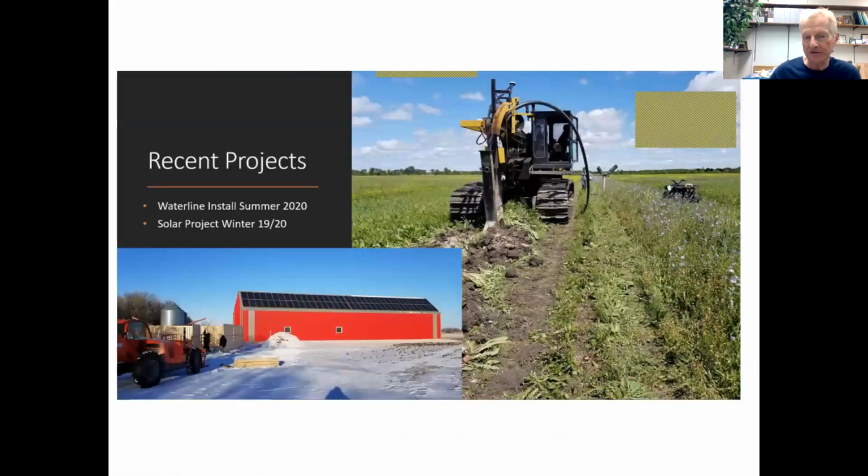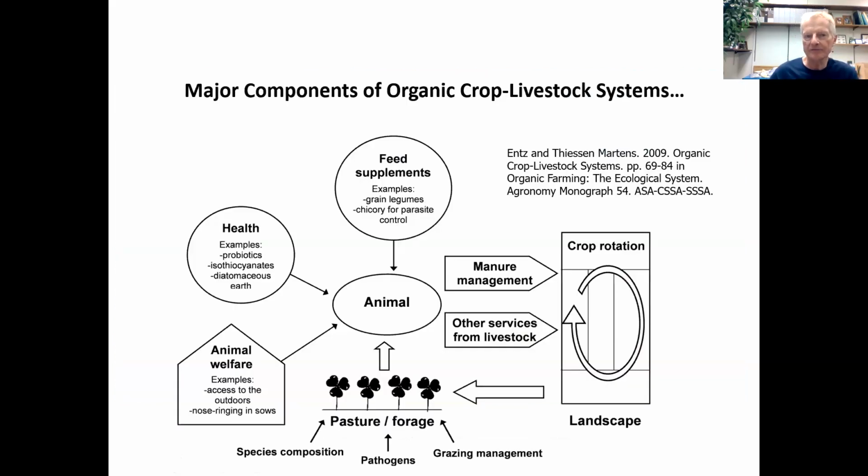Scott has invested in the livestock part of the farm, both with housing and also using a pasture pipeline, not only to water the livestock, but also to irrigate the pasture. So crop livestock integration is alive and well, and especially critical in organic agriculture.